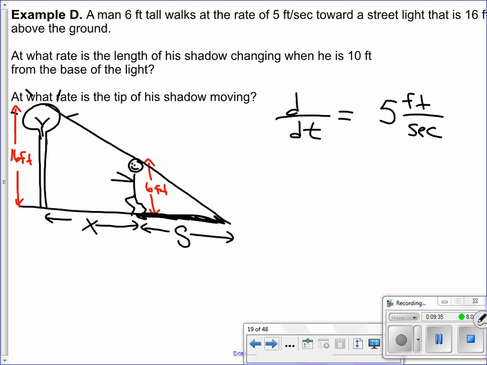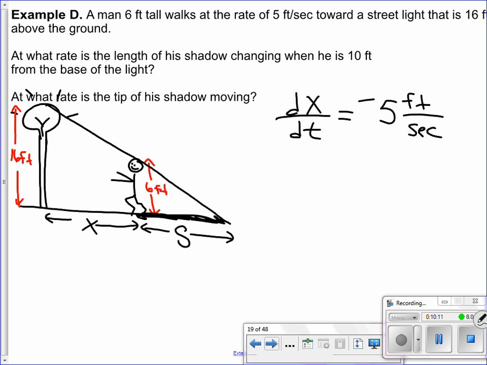I don't even see a v in this problem. If he's walking at the rate of 5 feet towards the light, it's this length that's changing at that rate. So it's dx/dt. If he's walking, this distance is changing at 5. Now, should I write down positive 5 feet per second or negative? Negative because x is decreasing. Nice. Good job. All right, that's the given derivative.